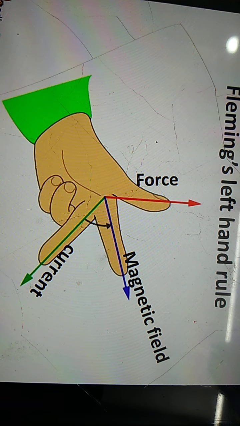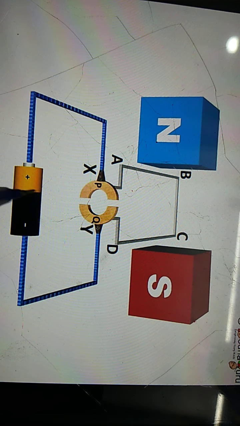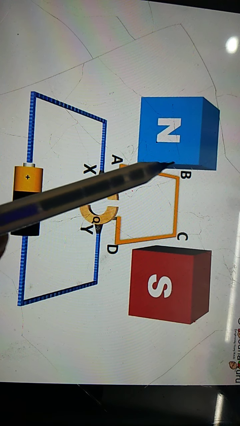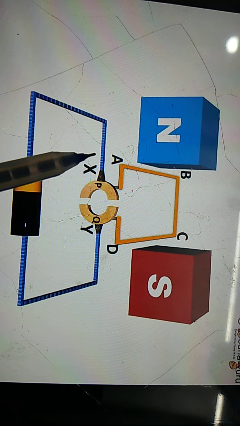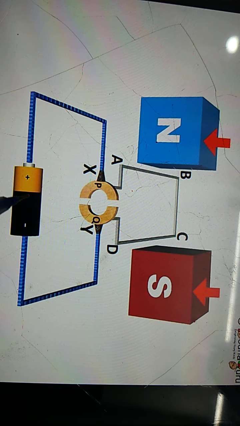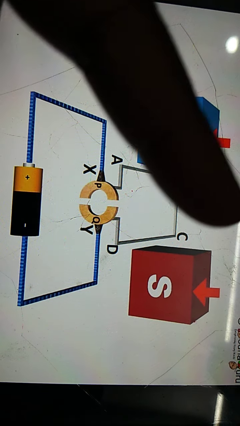Okay, and the direction in which this coil will move is given by Fleming's left hand rule. So you can see that current here is moving from A to B. If I apply Fleming's left hand rule in AB, I can show you my three fingers.